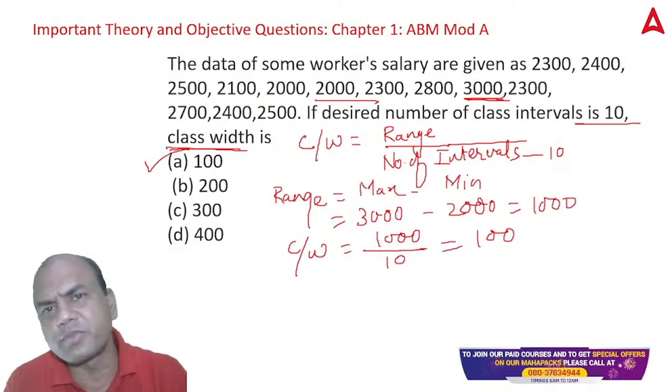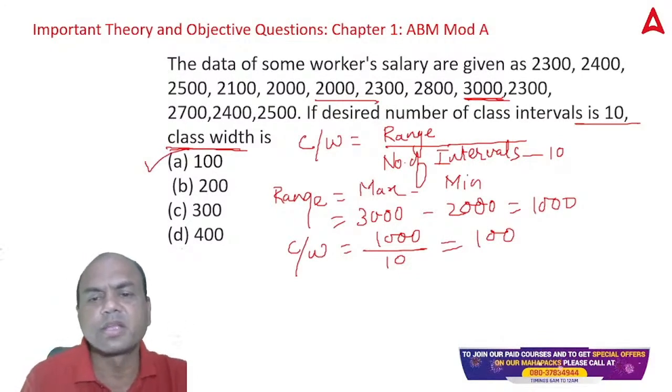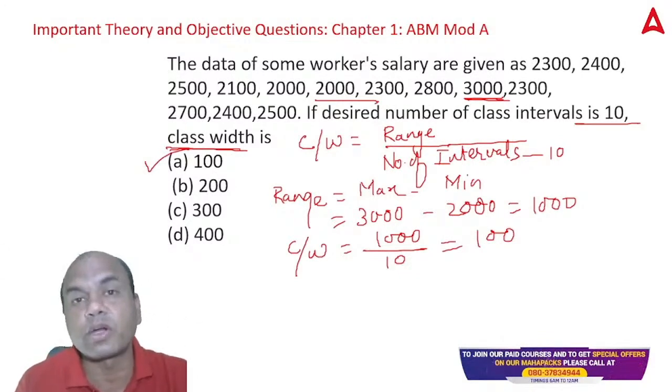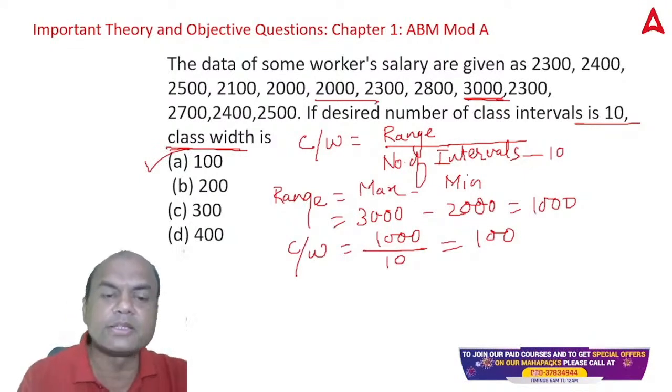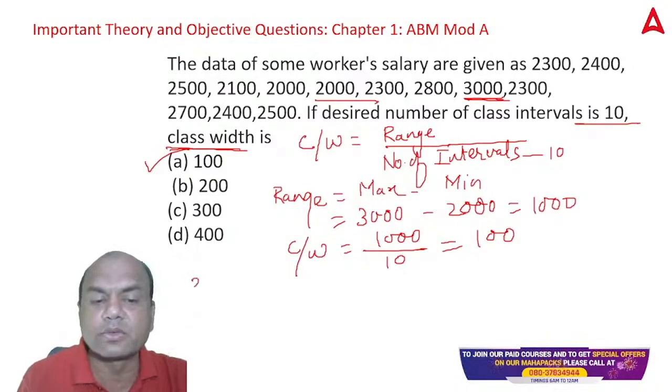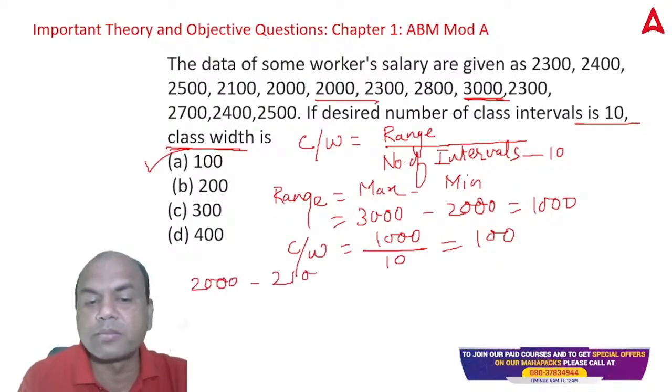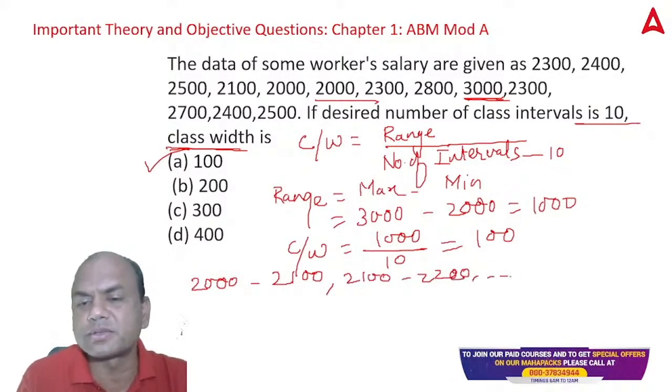What do you mean by class width? What is the meaning of this word? It means when I start arranging these numbers, I'll be arranging them like this: 2000 to 2100, lowest number, and then go on adding 100. Then 2100 to 2200, and so on, up to the last number, 3000.